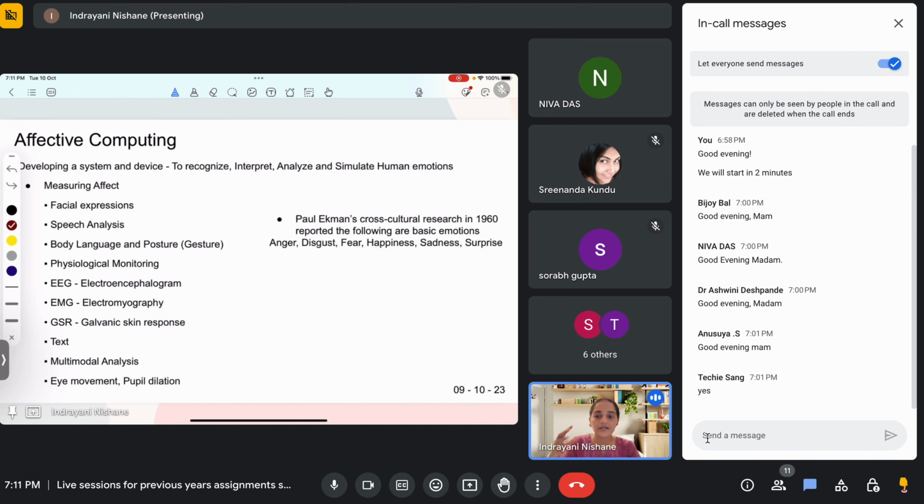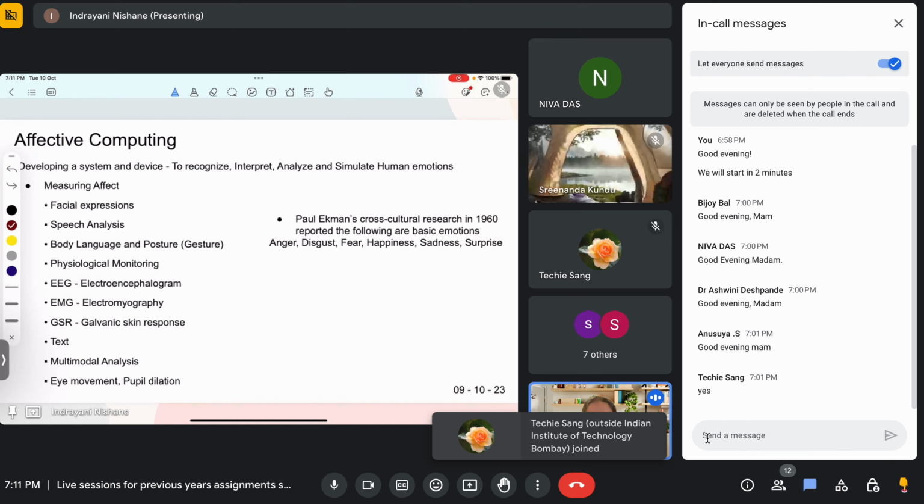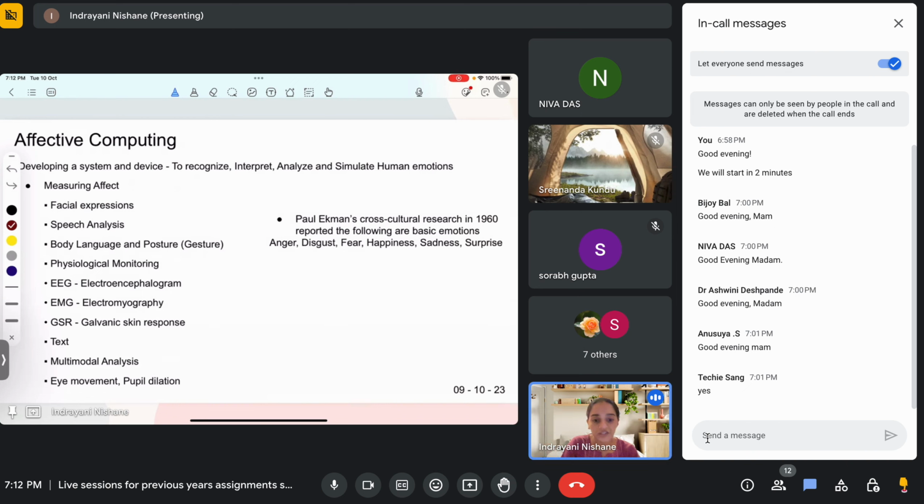All these things combined together, we can use to detect the emotional state or affect. Eye movements and pupils also correspond to a particular emotion, so the eye tracker will also help us detect emotion.